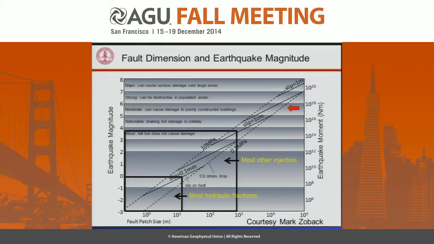As an example, I got this slide from Mark from a Stanford group, and I put those two little boxes on it. But look at what the whole hullabaloo is really about here. Almost all hydrofractures are in that little lower left-hand corner in terms of magnitude, effect, size of faults and things of that nature. You step up to the injection-related seismicity.